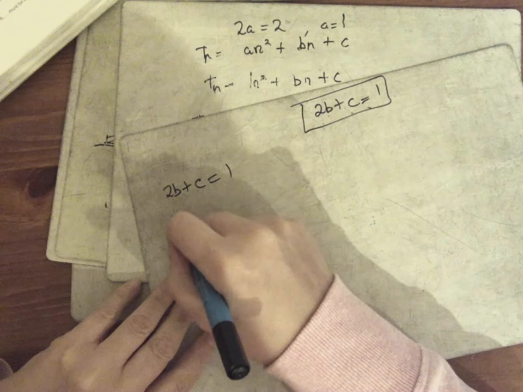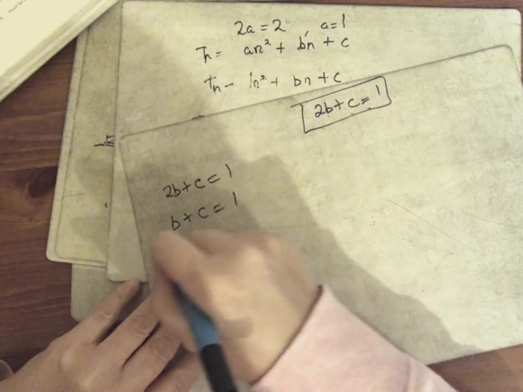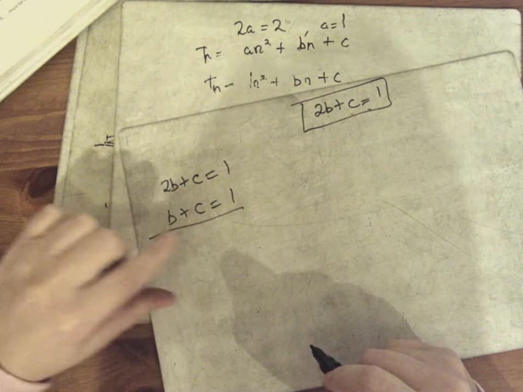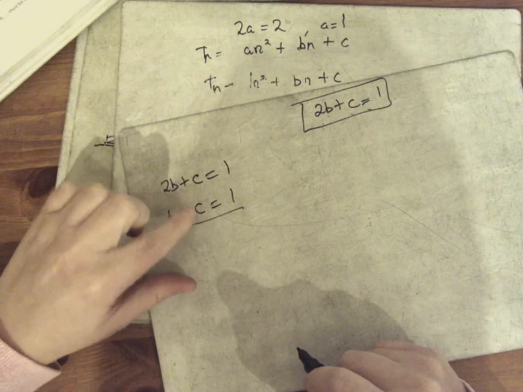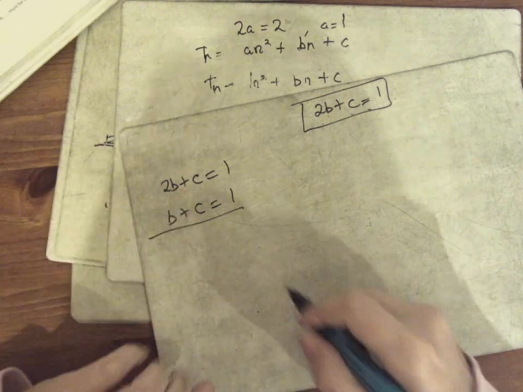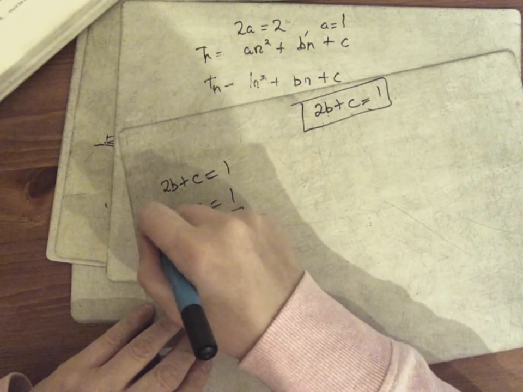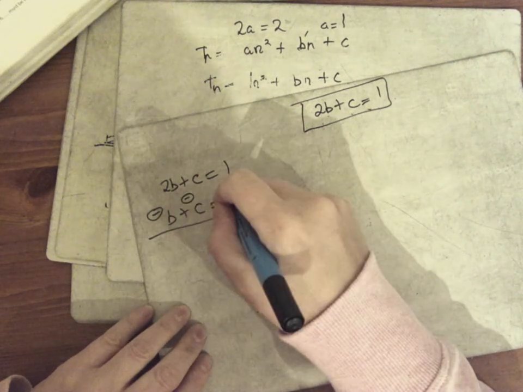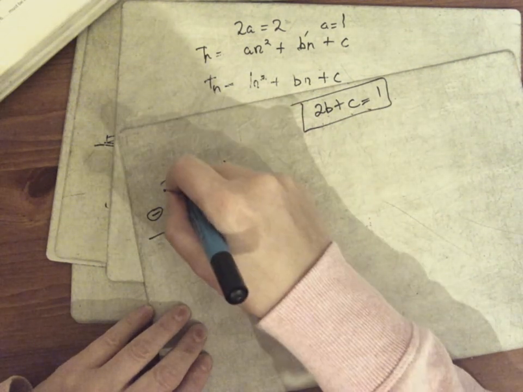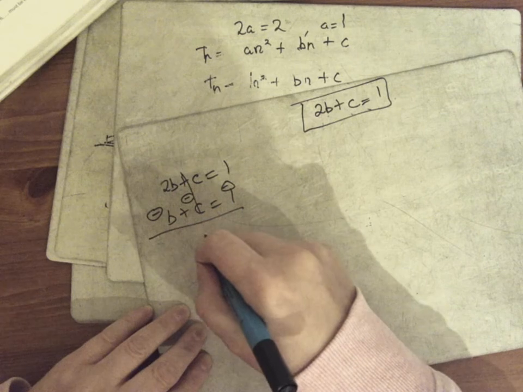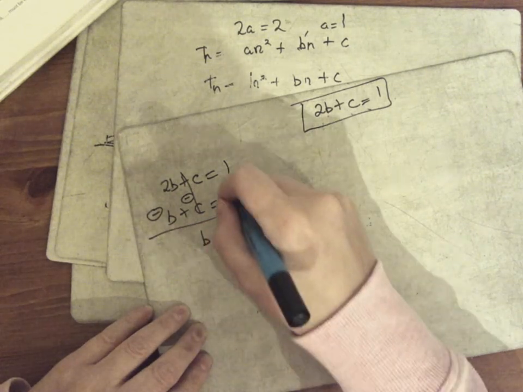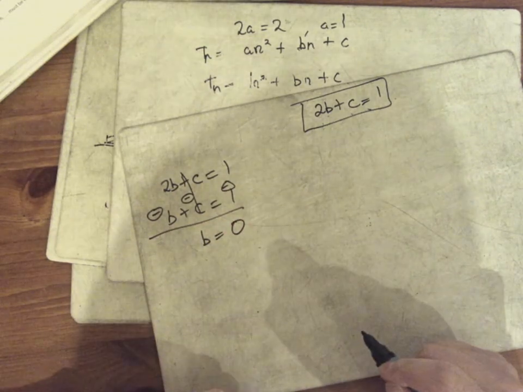So then you make the c's cancel. I have one plus and one minus, so I need to change the sign, so that becomes a minus, that becomes a minus, that becomes a minus. The c's cancel, 2b minus b is b, and 1 take away 1 is 0. So b turns out to be 0.